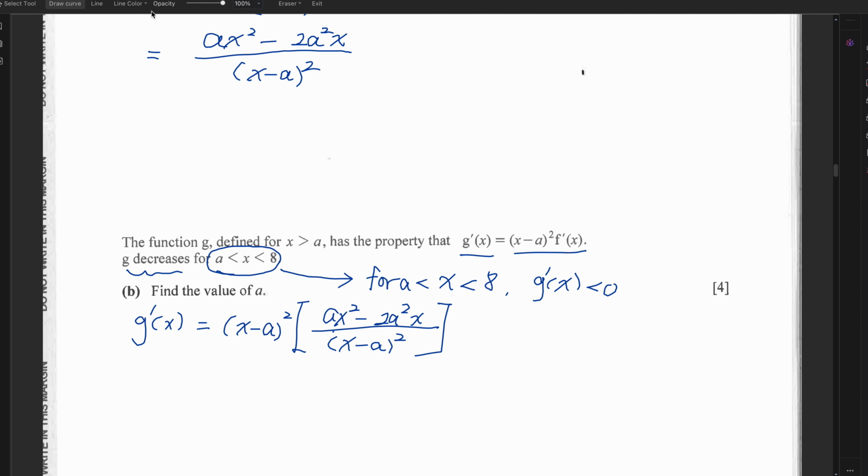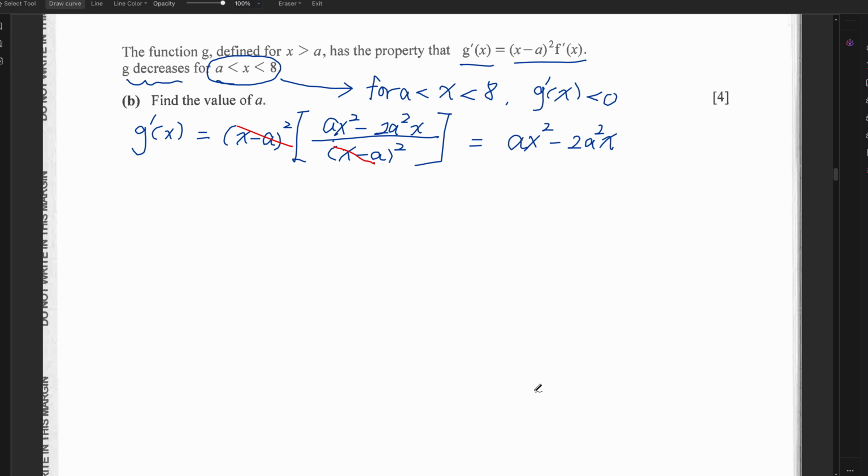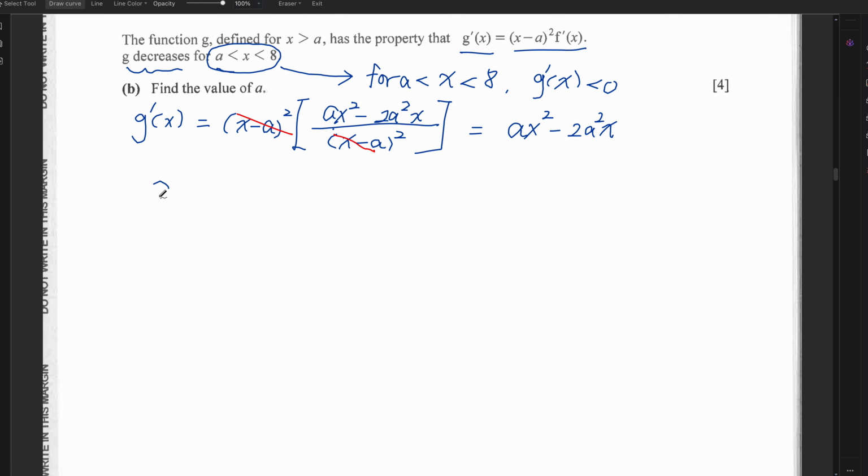Okay, simply cancel this. We have ax squared minus 2a squared x. All right. Then we see ax squared minus 2a squared x smaller than 0.